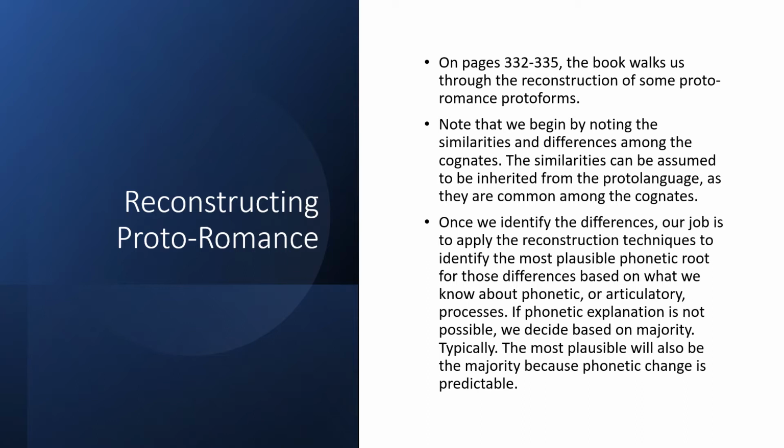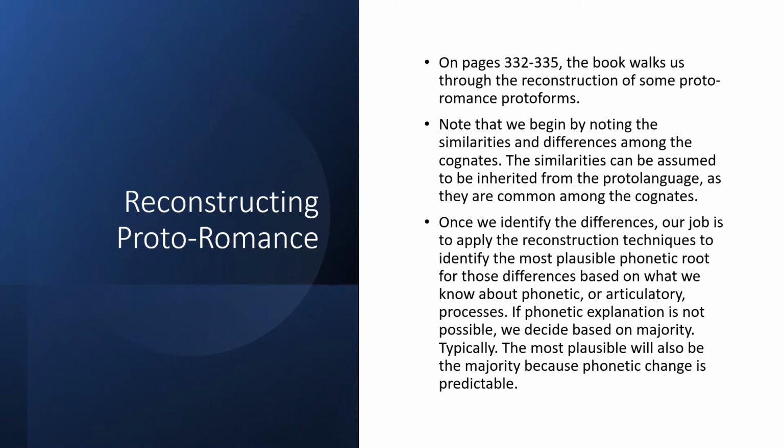So if you were a linguist, you would actually want to look at all the available cognates for a particular language group or family, and that would allow you to make stronger conclusions about the proto-language, right? The common language from which they spring. But the similarities can be assumed to be inherited from the proto-language as they are common among the cognates, right?